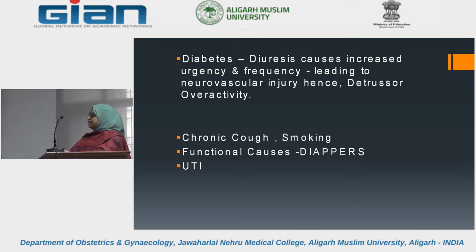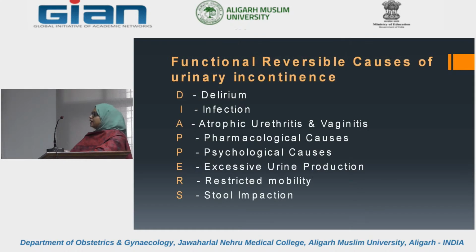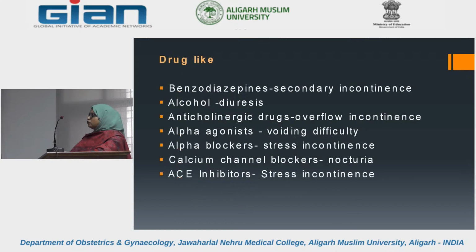Diapers stands for delirium, infection, atrophic urethritis, vaginitis, pharmacological causes, psychological causes, excessive urine production, restricted mobility, and stool impaction. Then the drugs: we should always take the history of drug intake, benzodiazepine, alcohol, which cause diuresis, anticholinergics, alpha agonists, beta blockers, calcium channel blockers, and ACE inhibitors.